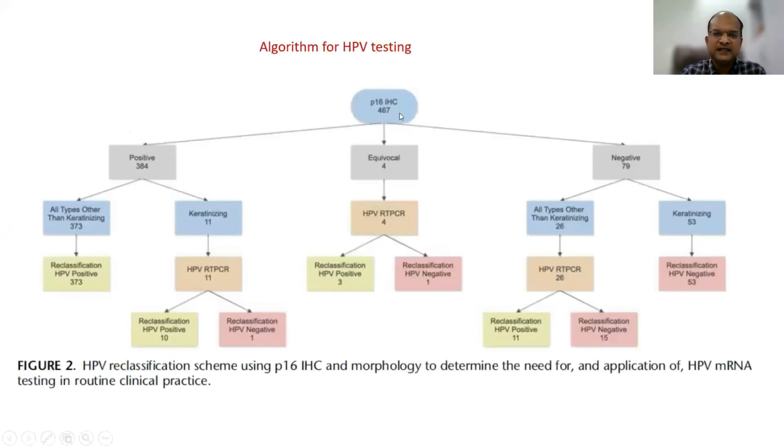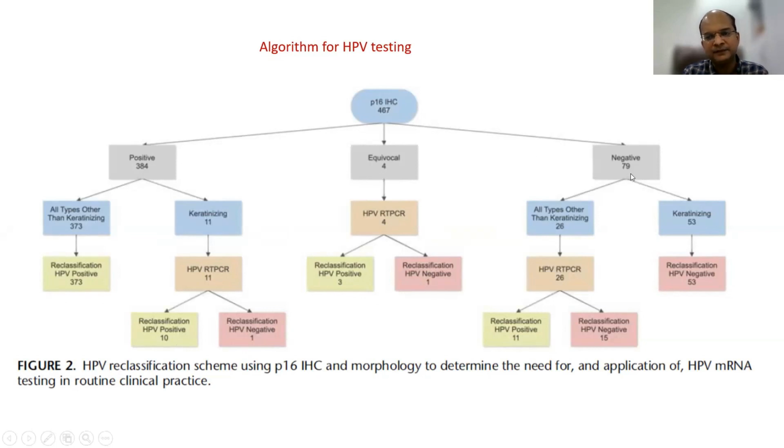So if P16 IHC is positive and the tumor is non-keratinizing type, we can consider it positive. If the tumor is keratinizing type, because keratinizing squamous cell carcinoma is usually HPV negative, we have to further check this P16 staining. If RT-PCR or any molecular technique is positive for HPV, it's considered HPV positive. And if the molecular technique is negative, we should consider it negative.